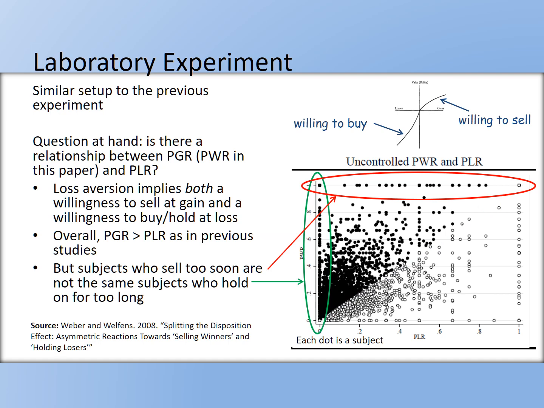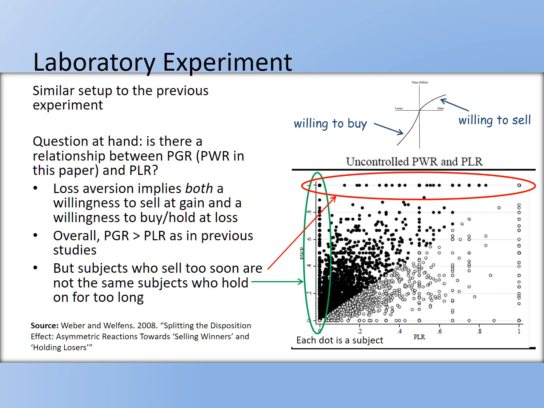The thing is, the people who are selling at a gain are not the same as the people who are selling at a loss. Right. So what would you expect? According to prospect utility, this theory, let's say you see someone who is never willing to realize a loss.